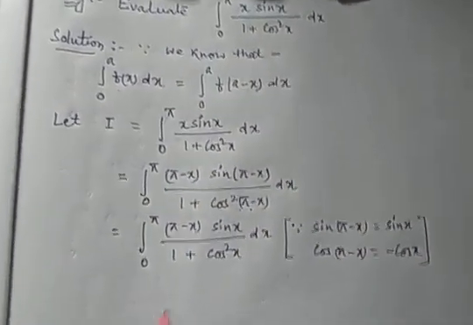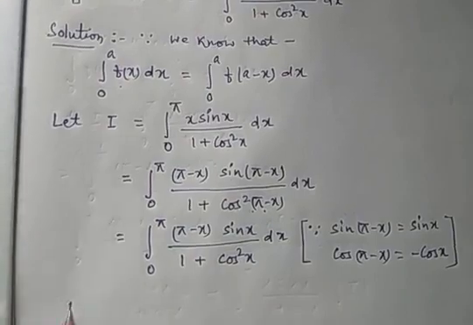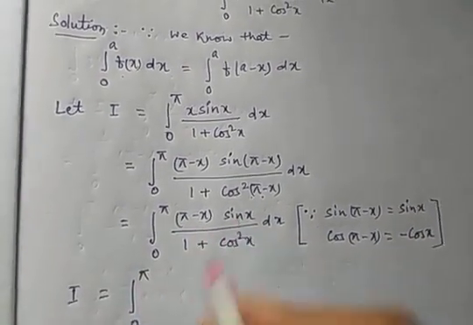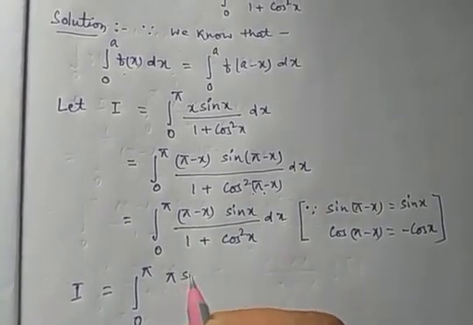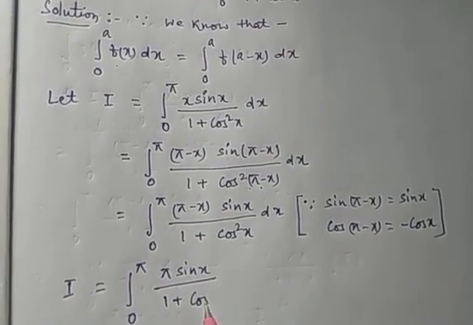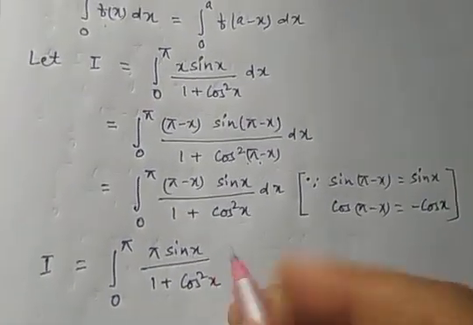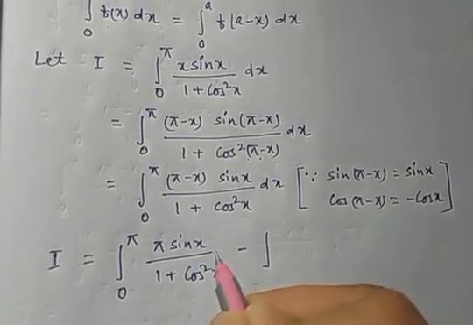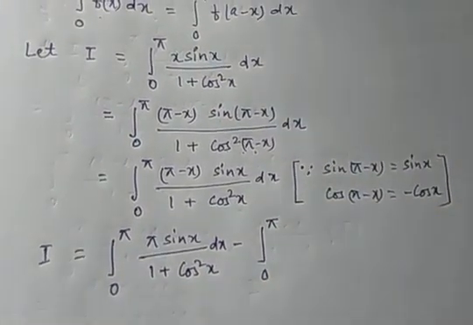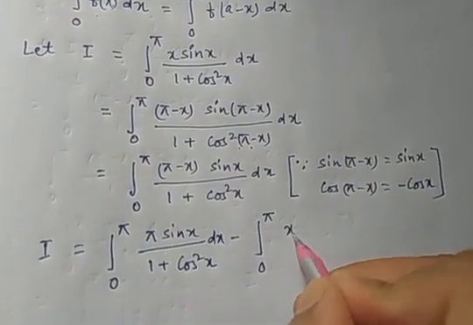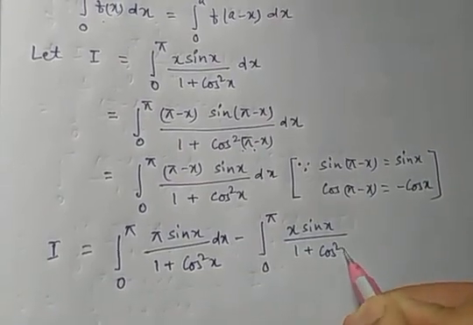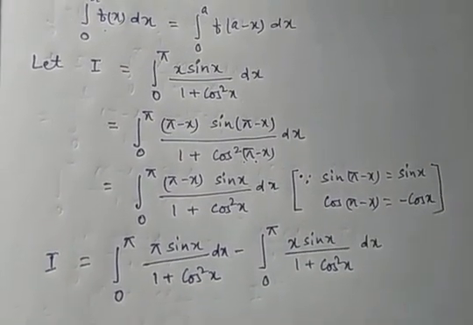So the next step will be, students, I is equal to integration from 0 to pi, opening the brackets here, pi sin x upon 1 plus cos square x dx minus integration from 0 to pi of x sin x upon 1 plus cos square x dx.